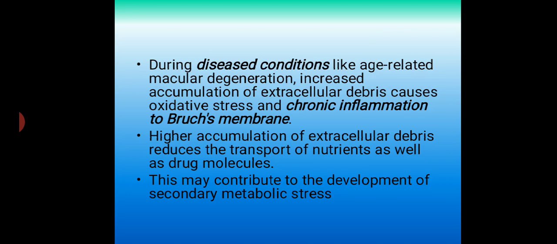As a result of the chronic inflammation of Bruch's membrane, the entry of drugs as well as nutrients into the retina is prevented.